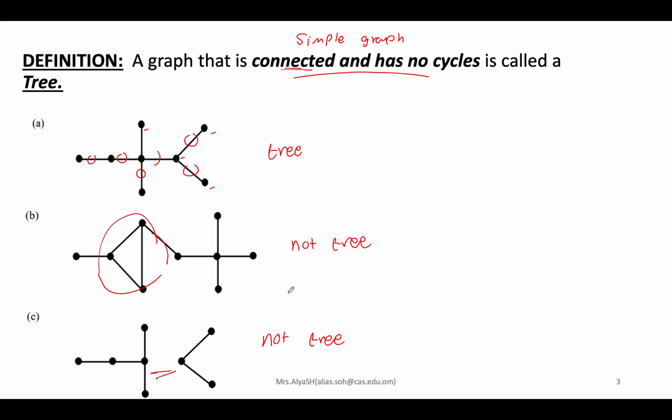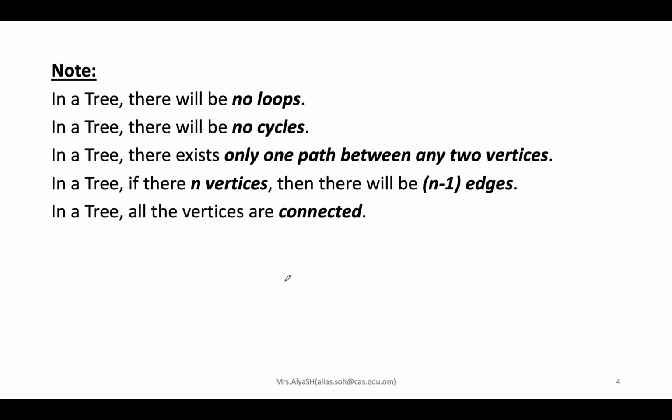Right? So from here, we can just summarize the rules to call any graph as a tree, which is in a tree, we shouldn't have any loop. There should be no cycles. There should be only one path between any two vertices.